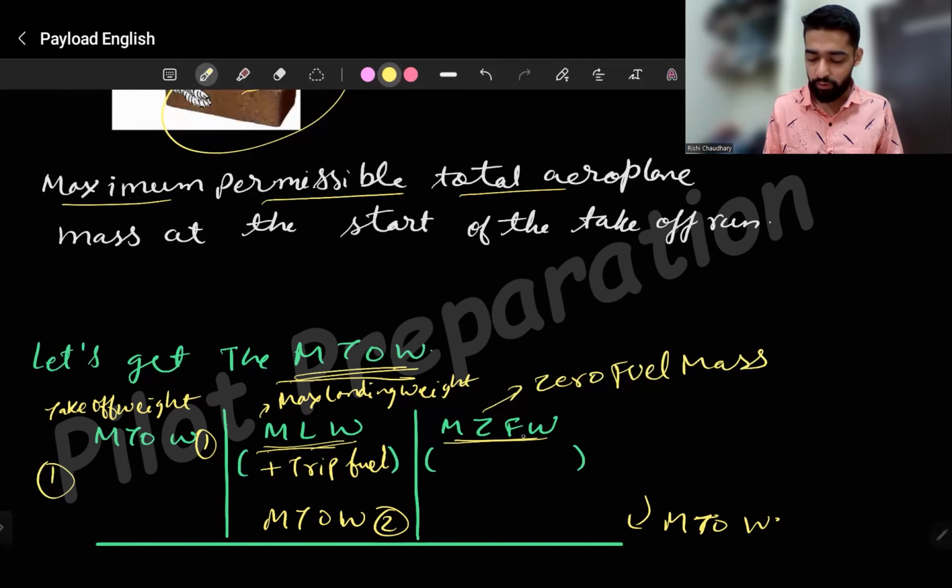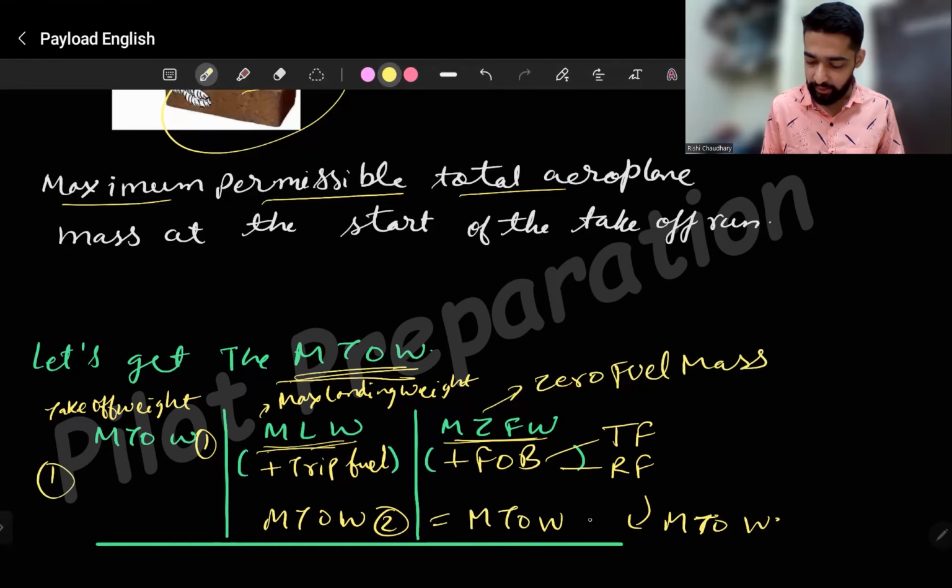Similarly, MZFW is maximum zero fuel weight. So if I had fuel on board, it means trip fuel plus reserve fuel. If I add these two, what will I get? I will get maximum takeoff weight again, and this will be my third type of maximum takeoff weight. So I got three types of maximum takeoff weight.